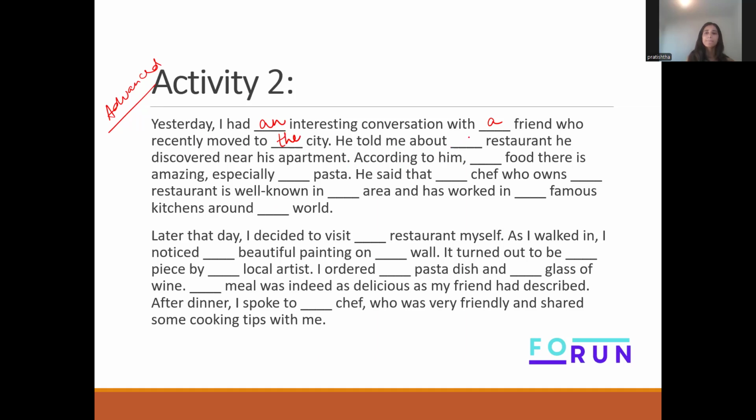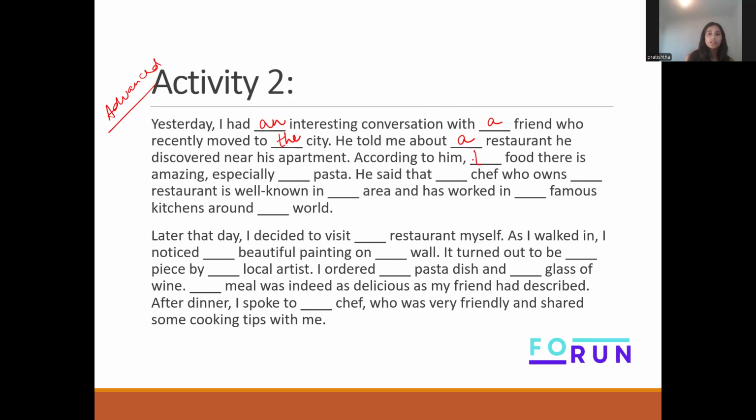He told me about a restaurant he discovered near his apartment, right? Because I had an interesting conversation with a friend, it could be any friend who has recently moved to the city. Obviously, this particular city that they are living in. He told me about a restaurant. Could be any restaurant, but he just told me about a restaurant he discovered near his apartment.